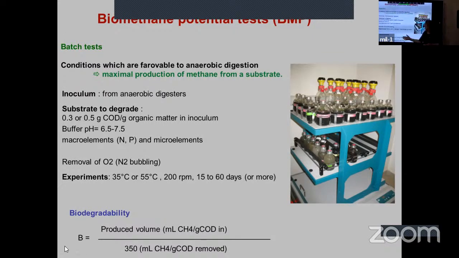So at the maximum, the methane yield can be 350, and to have an idea of the percentage of biodegradability, we divide the produced volume, expressed in milliliters of methane per gram of COD of the substrate, by this 350.